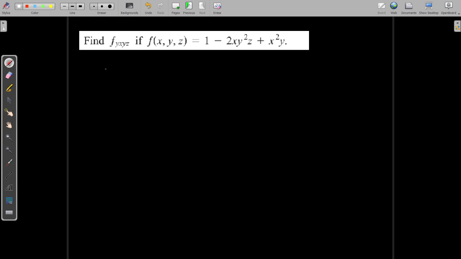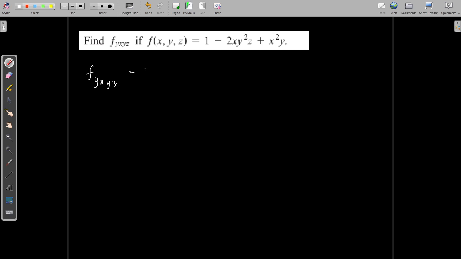Next we have a question. This is a problem. Find f_yxyz. This represents the fourth order partial derivative of f. First we evaluate the derivative of f with respect to y, followed by x, then with respect to y of that expression, and followed by that we differentiate that expression with respect to z.